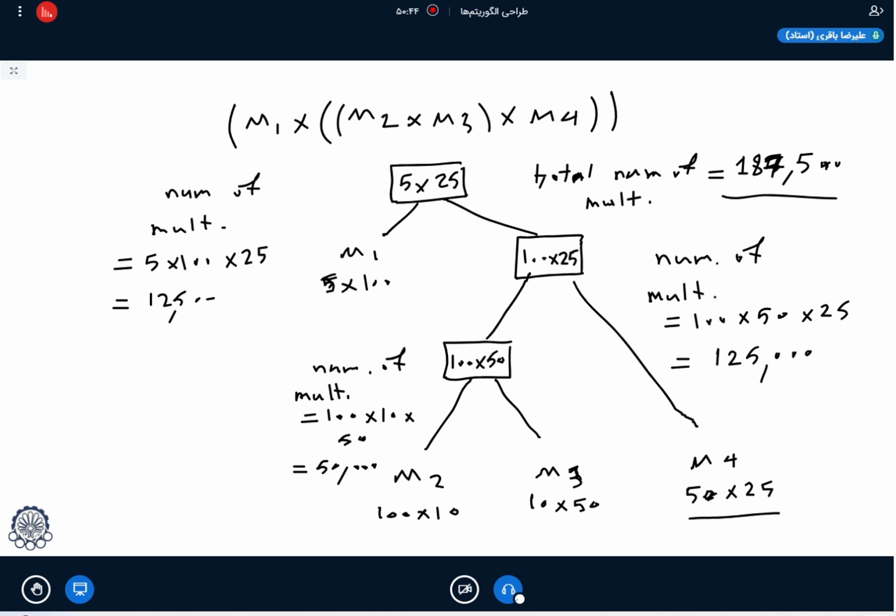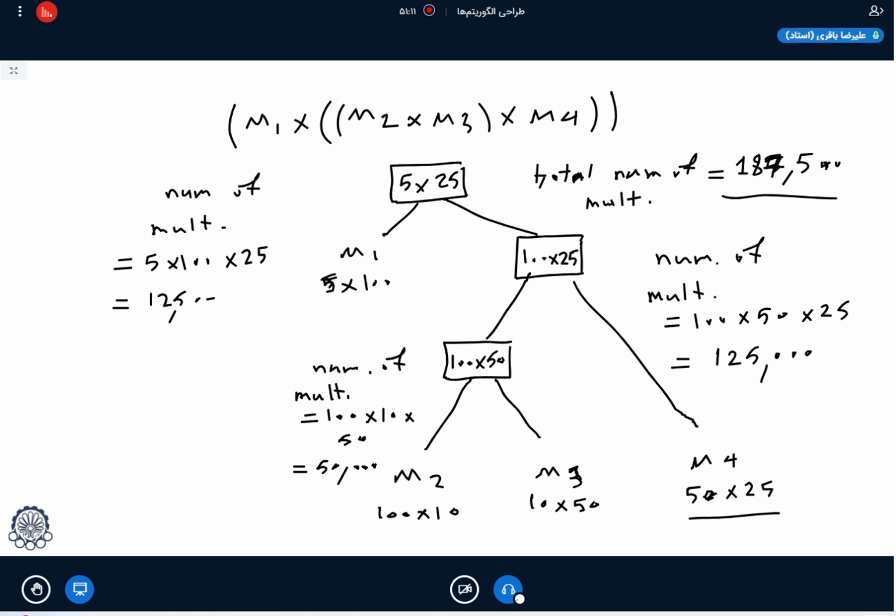This example shows us that the parentheses, and how we place them, can affect the number of multiplications. So parentheses are important. Different parentheses result in a different number of multiplications.